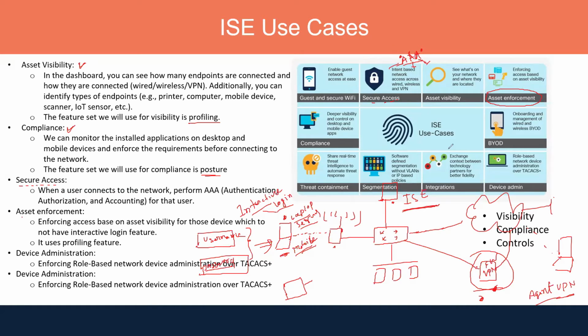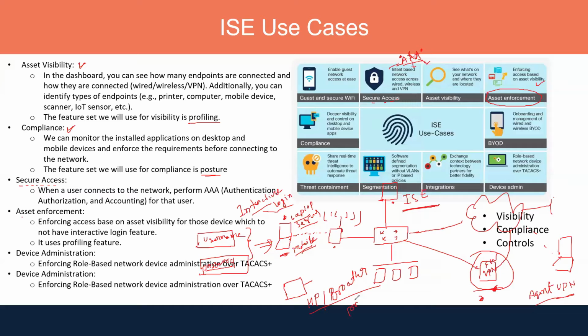So here you can enforce access based on asset visibility. That means instead of a username and password, you would see if this printer belongs to HP, if this is an HP printer, or if this is a Brother company printer, allow it.